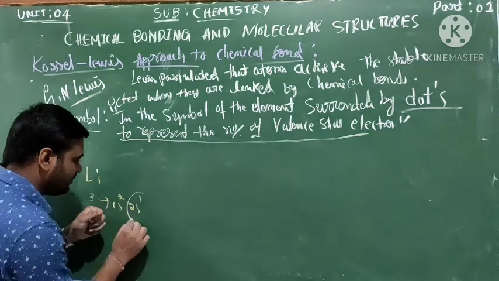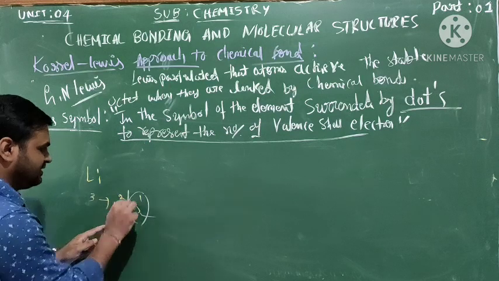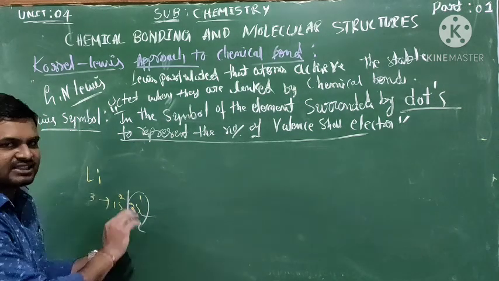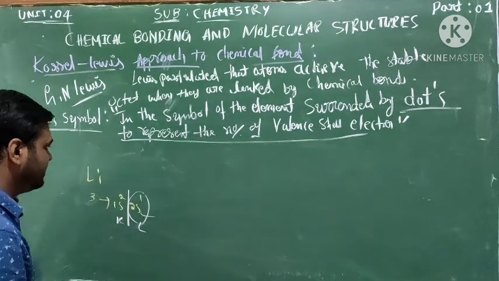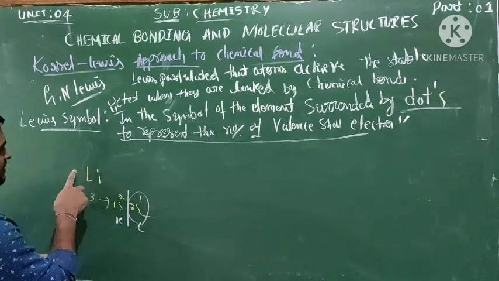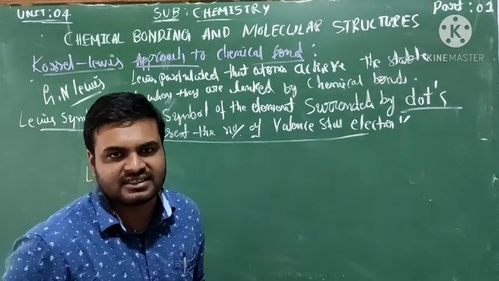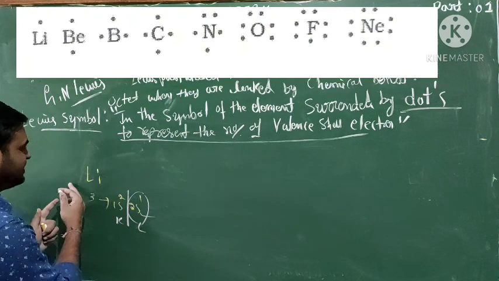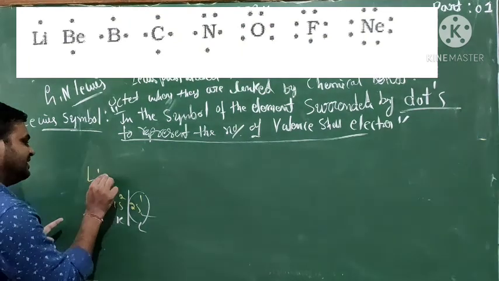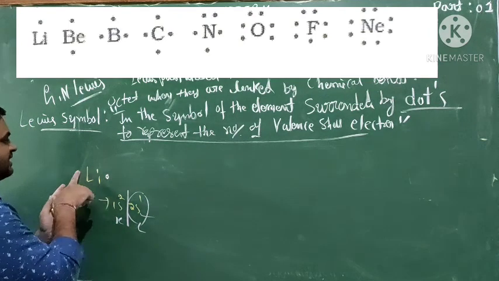How do we show outer shell electrons as dots? There are 4 positions, a maximum possibility of 4 bonds. We can represent the dot at any position, either this side or this side.